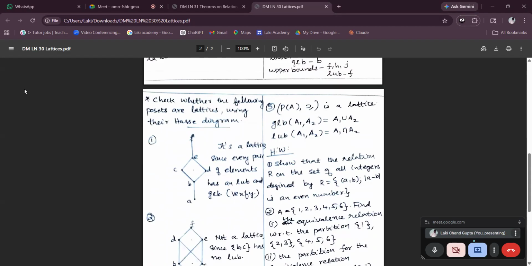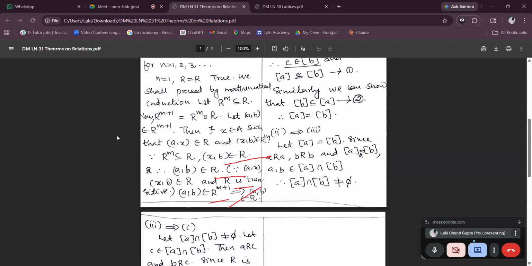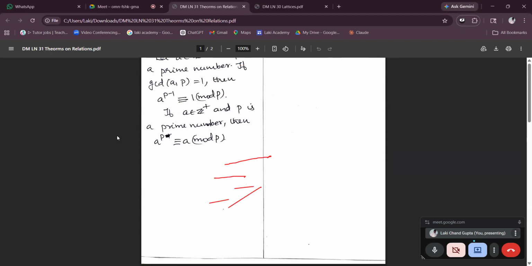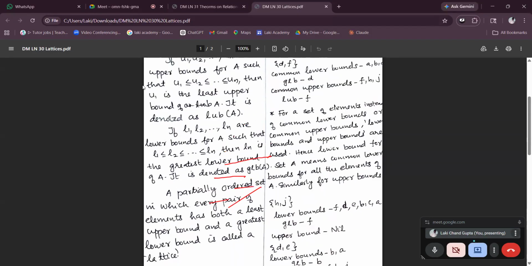Here they only write what? Every pair of elements has an LUB and GLB. You have to verify. They did not solve. Understood? Yes. So you have to show this by using matrix form. In class, they do not use a matrix.